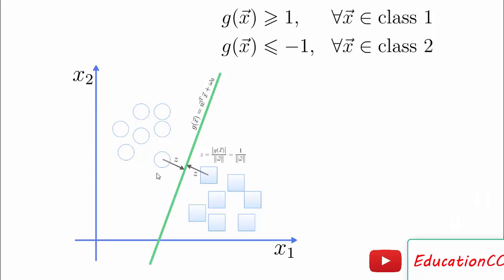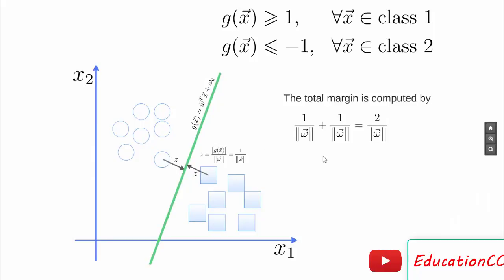We can say that this distance from the closest elements will be at least 1. The modulus is 1. And from the geometry we know that the distance between a point and a hyperplane is computed by this equation. So the total margin, which corresponds to this distance, would be computed by this equation.